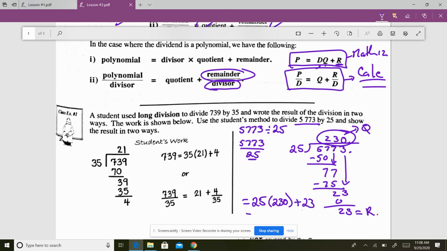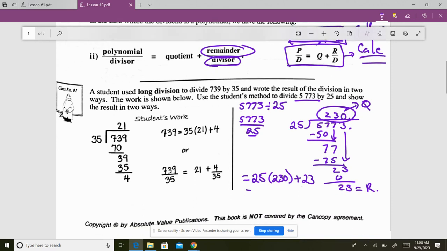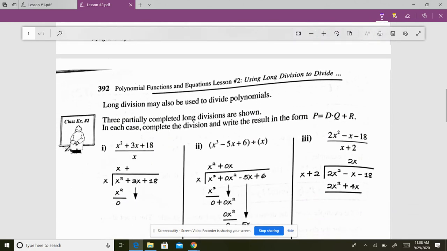So if you multiply 25 times 230 and added 23, you would get 5,773. They're equivalent expressions. Now this is with numbers. We're obviously not going to do it with numbers. We're going to do it with polynomials. Okay. So everybody good on that little grade 4, 5, grade 4, 6? Okay. Right. We're good? Okay, let's do it with polynomials then, peoples.